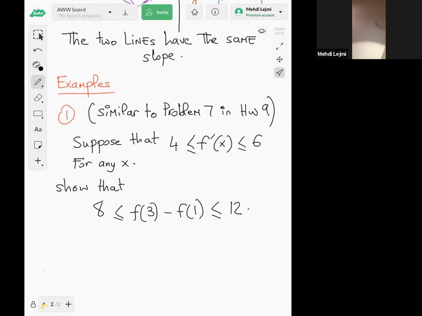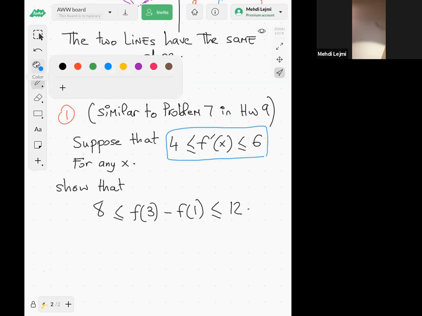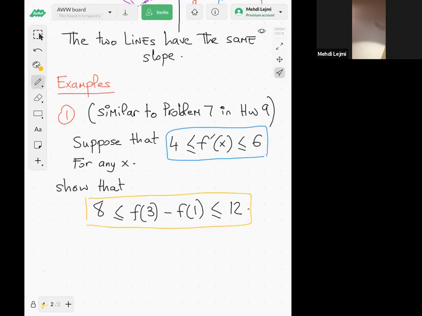So again, the hypothesis is that your f prime of x is between 4 and 6, and you have to prove that f of 3 minus f of 1 is between 8 and 12.